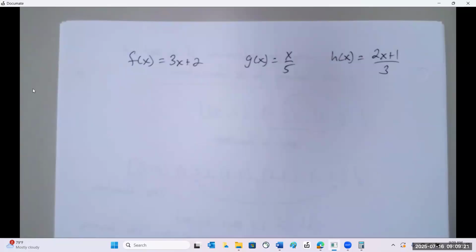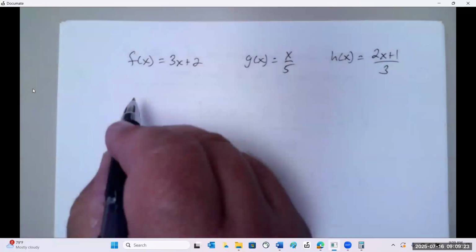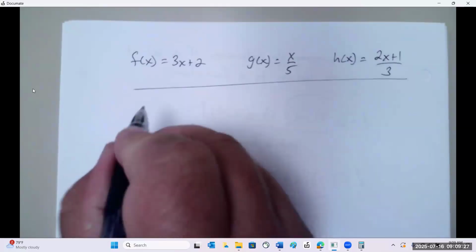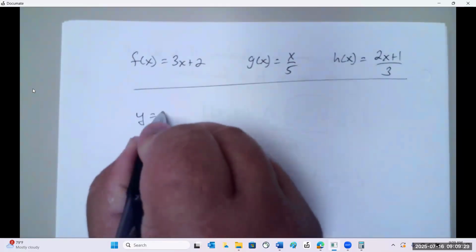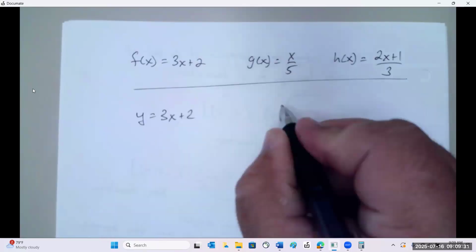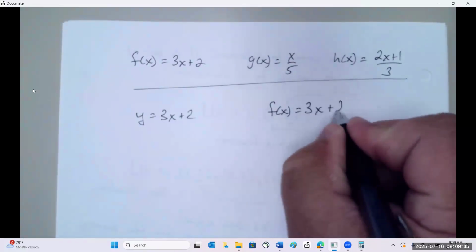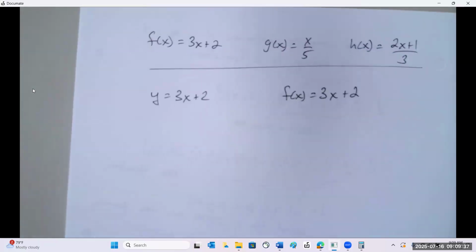How do we use them? The difference between these two is how they're used. Remember, we cannot find the y value until x is defined.